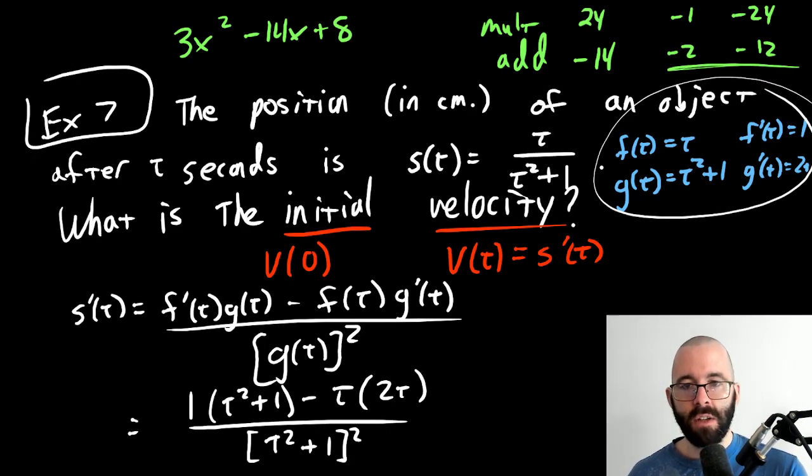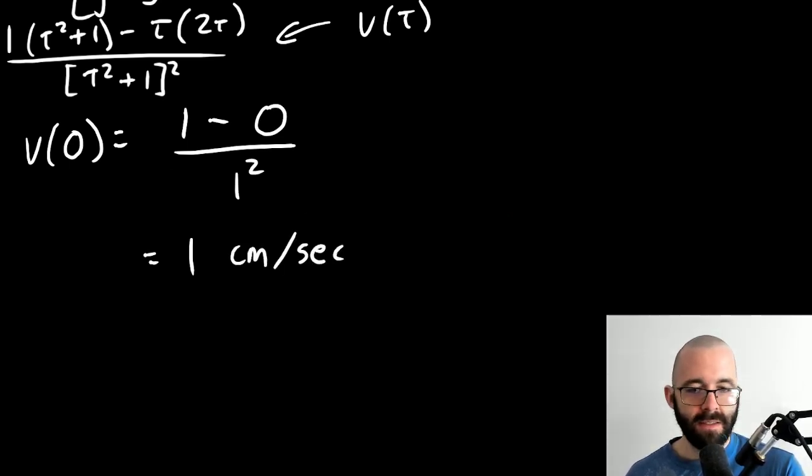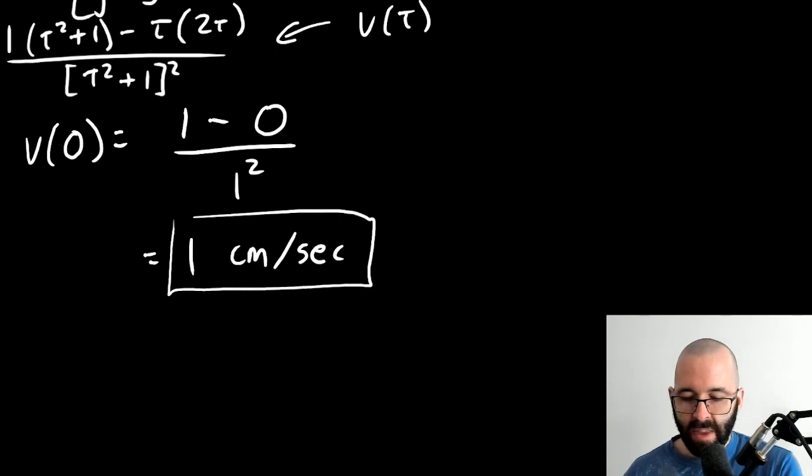It's a rate of change, so it's going to be in units of s divided by units of t, or centimeters per second. Moving 1 centimeter every second, not very fast. Unless it's a really, really tiny object, and then I guess 1 centimeter per second is faster, but not very fast.